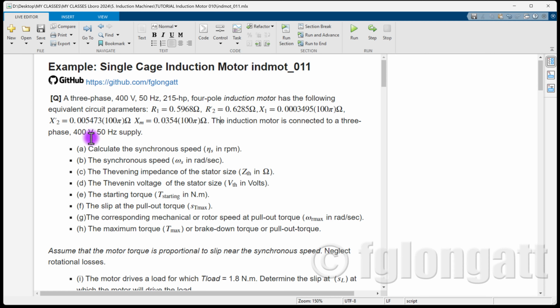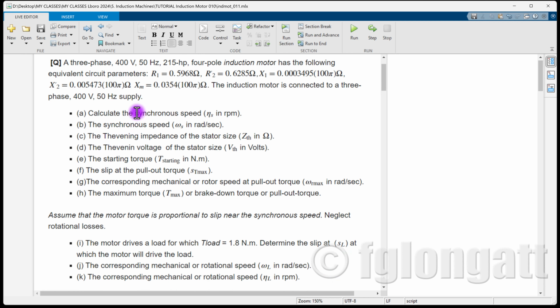You can see 400 volts, 50 hertz. And we want to obtain the synchronous speed of this induction motor, also the synchronous speed but in radians per second, also the Thevenin impedance from the stator side, and also the Thevenin voltage from the stator side.